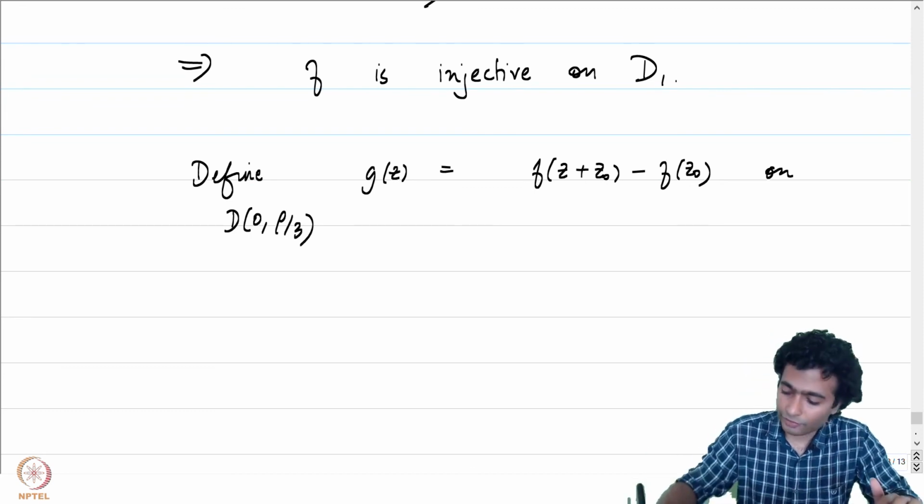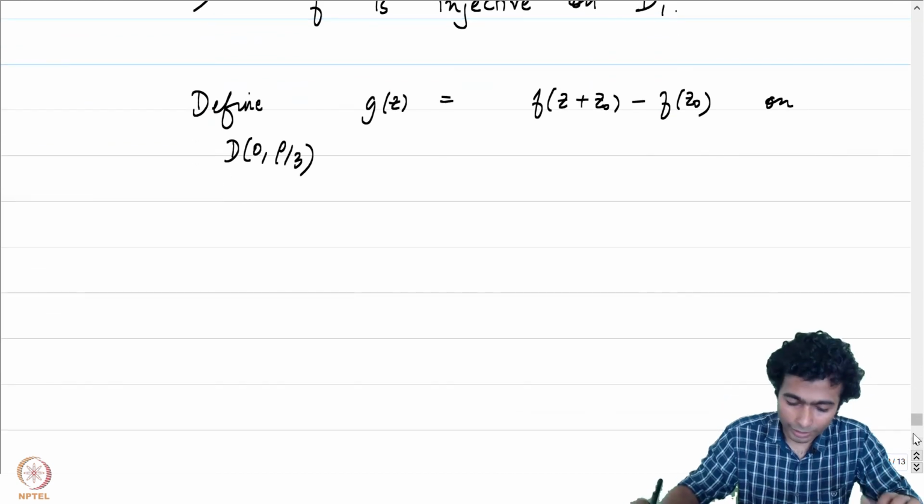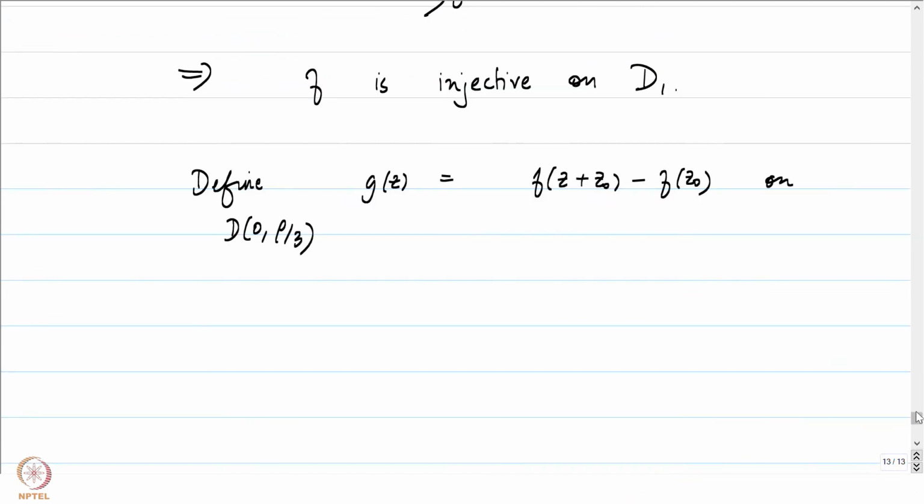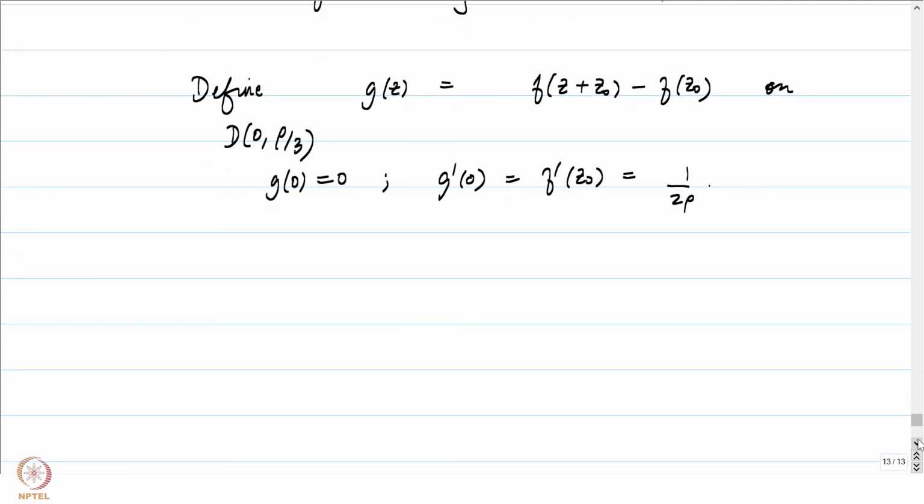Let's now make a few observations about g. g of 0 is equal to 0. g prime at 0 is the same as f prime at z0, which is equal to 1 by 2 rho. You should go up and check that z0 was picked crucially in this manner. And moreover, what do we know about the absolute value of g of z for z in D0 rho by 3?